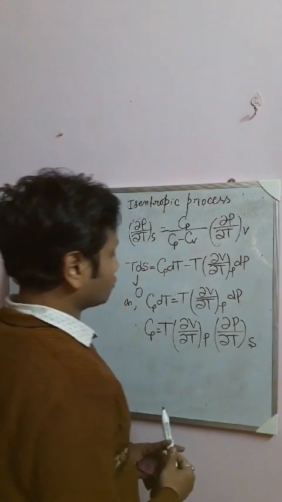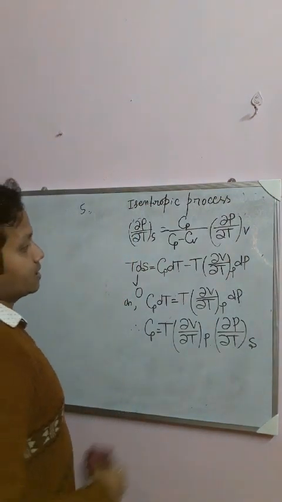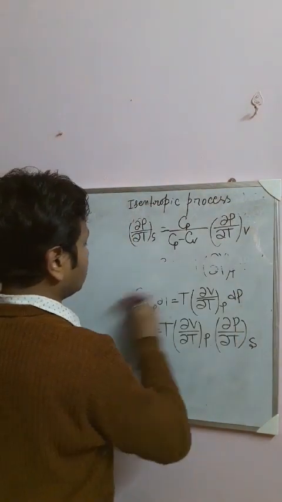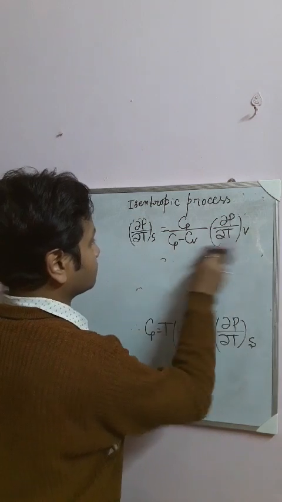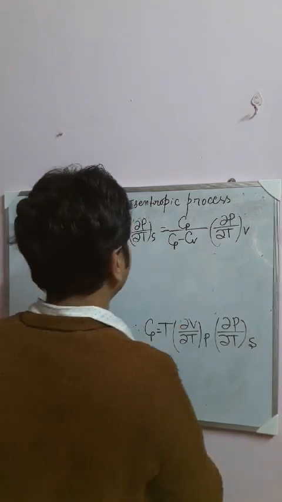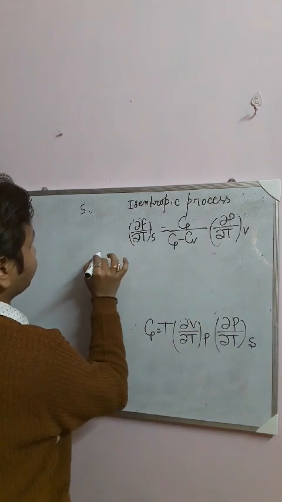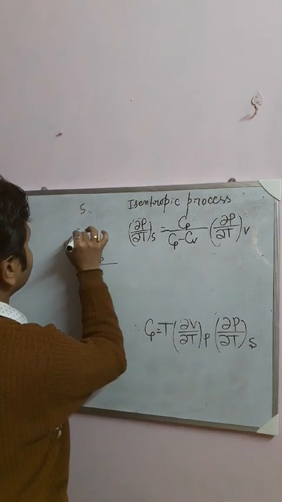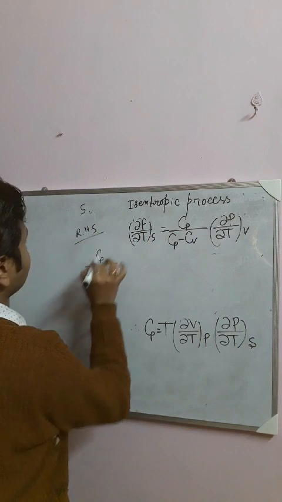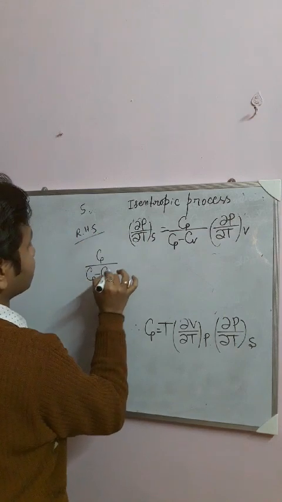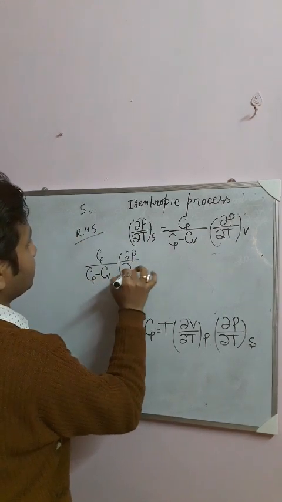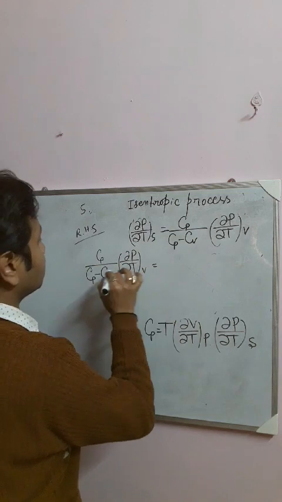Now here we also start from the RHS. This is the RHS: Cp by Cp minus Cv into del P del T at constant volume. So what is Cp?